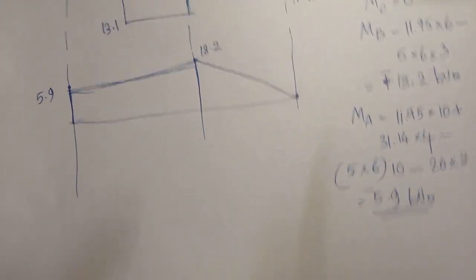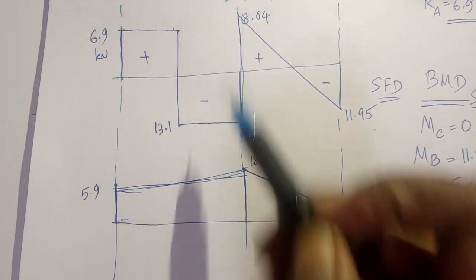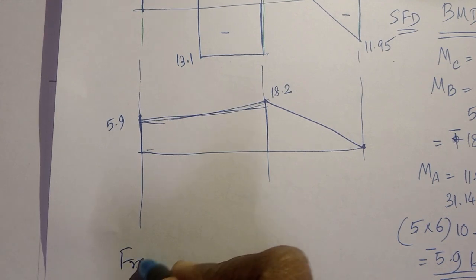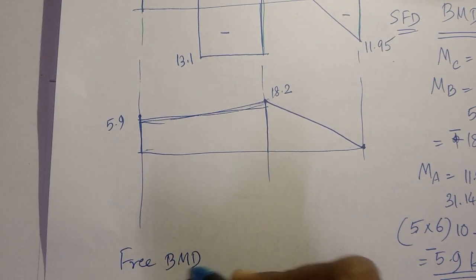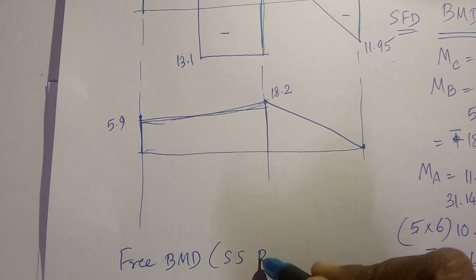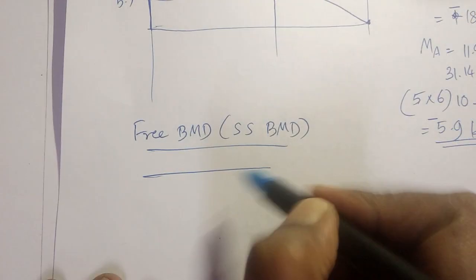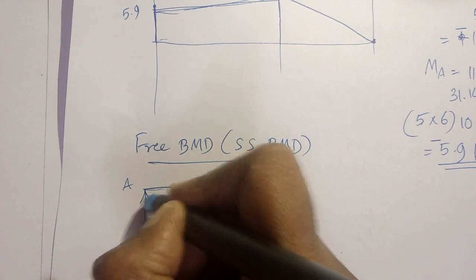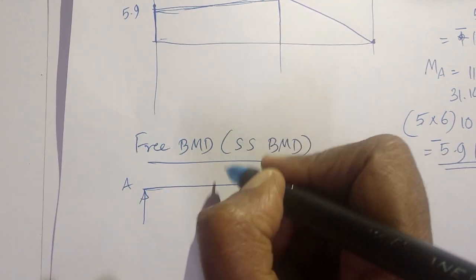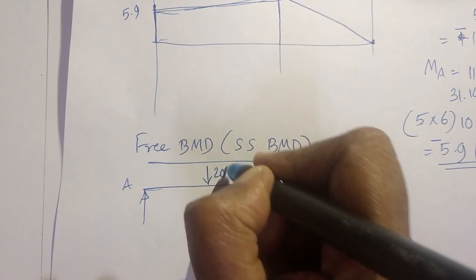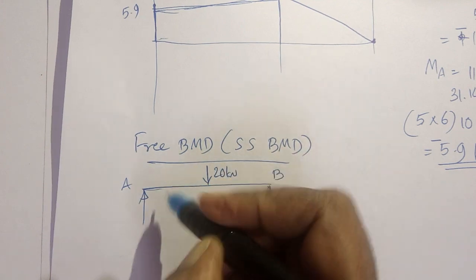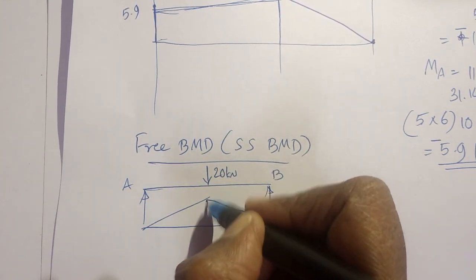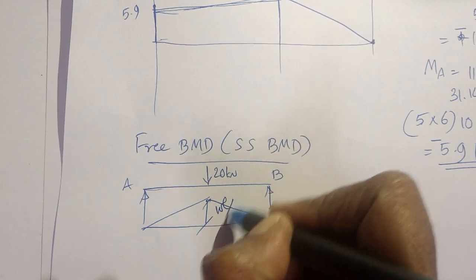Now superimpose this with the free bending moment diagram. We call it the free bending moment diagram or simply supported bending moment diagram. First portion AB. Consider the simply supported beam with central load 20 kilonewton. So the maximum bending moment at the center is WL by 4.